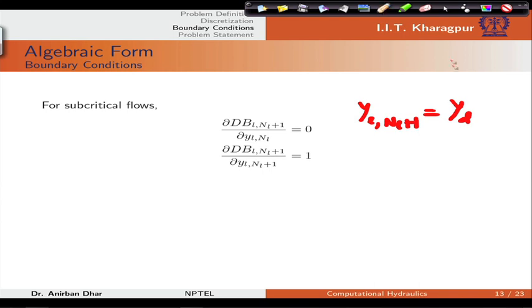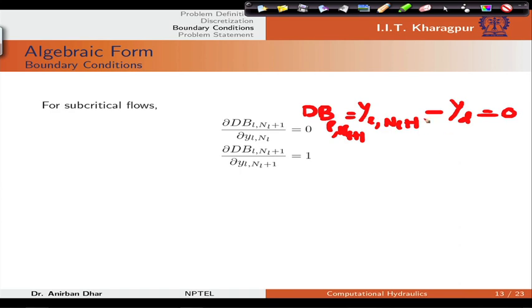If I transfer this y d to the left hand side, this is 0 and this is our downstream boundary condition, or dB L n L plus 1 equal.